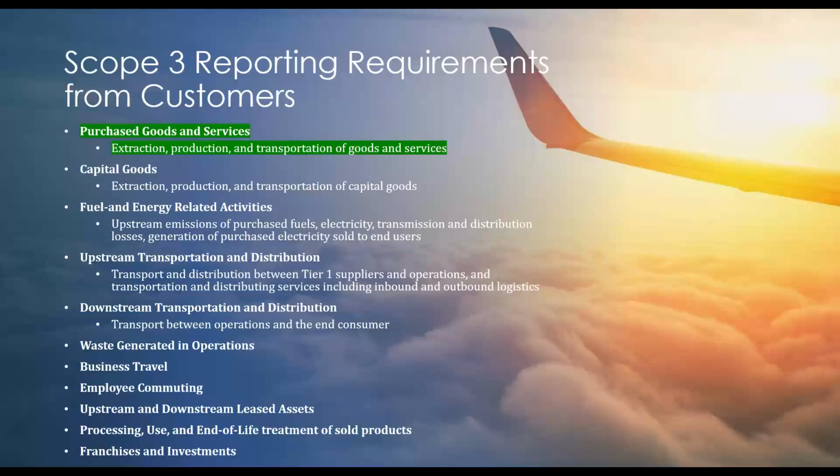And what I'm showing you here are the various categories listed under scope 3 in the greenhouse gas protocols. You can see purchased goods and services is listed here in green. If any of you on this call are a supplier to a manufacturer of some end product, then they're going to be coming to you and saying, we need to understand the impacts of your products and the impacts of your operations so we can better measure and figure out how we're going to reduce our own scope 3 emissions.